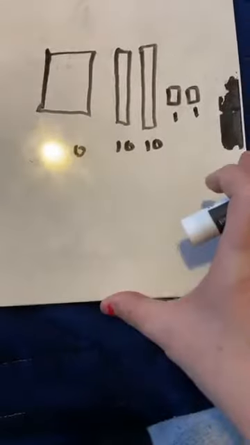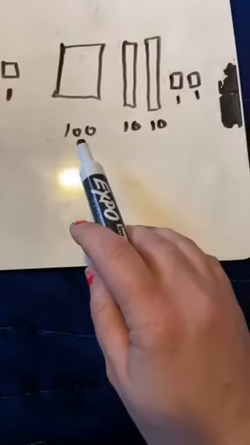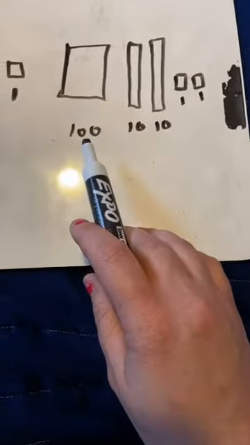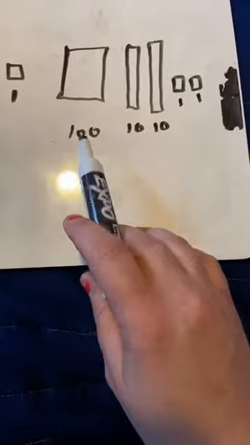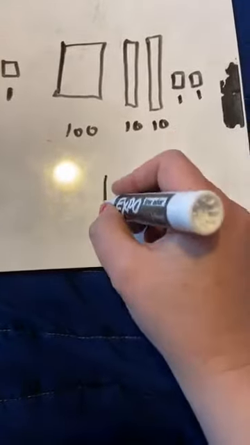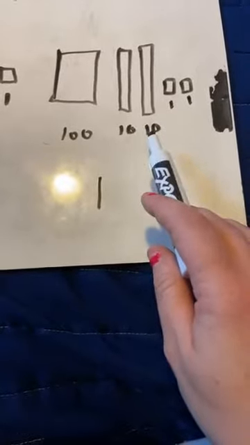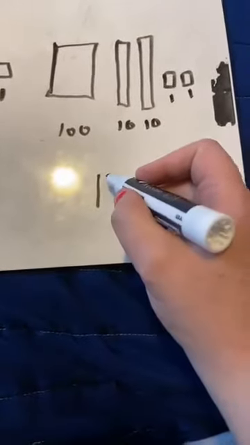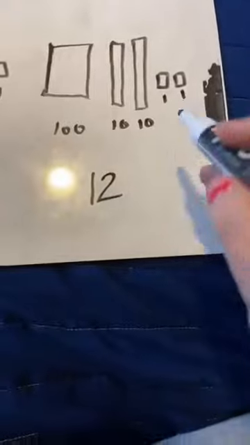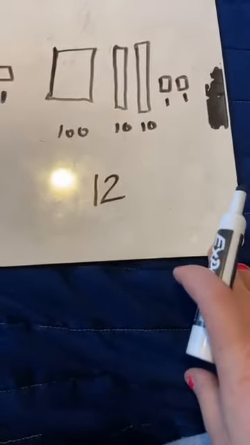Okay. So now I need to find out the total number that I have here represented by these base 10 blocks. Well, what do you think I'm going to do? I'm going to have to add them all up, aren't I? Well, how many hundreds do I have? You're right, I have 1 hundred. And how many tens do I have? You are right, I have 2. And how many ones do I have?